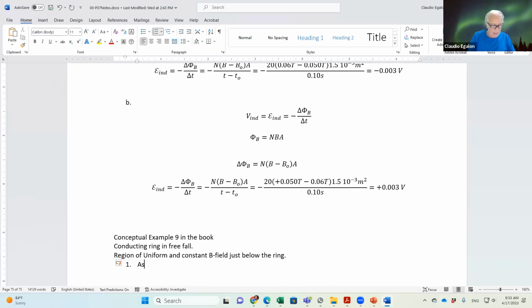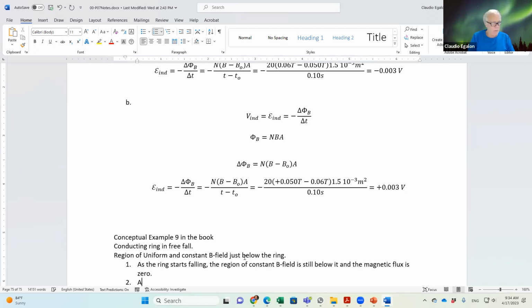One, as the ring starts falling, the region of constant B field is still below it, and the magnetic flux is 0.